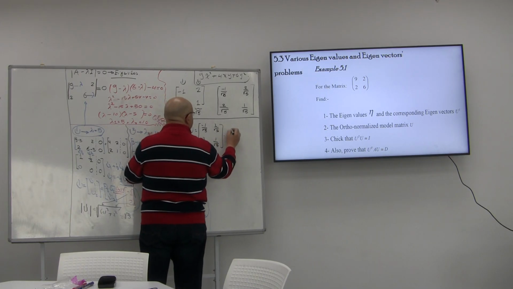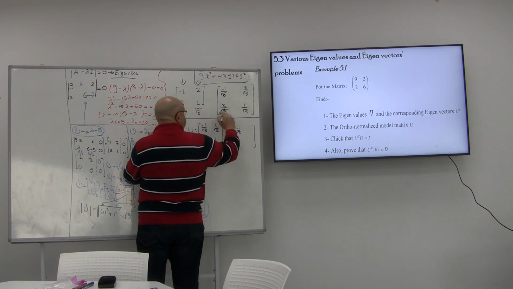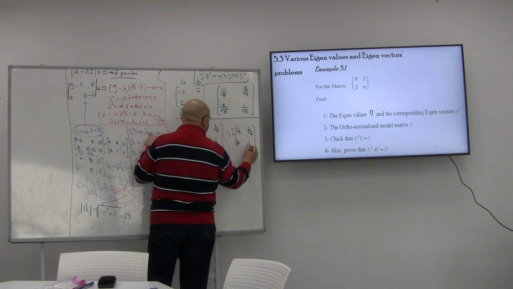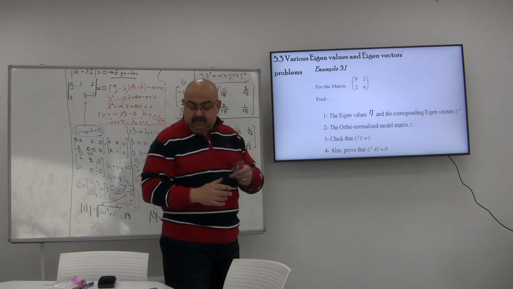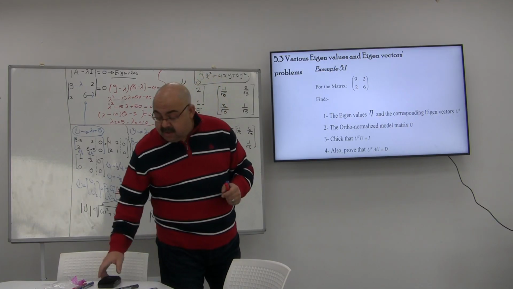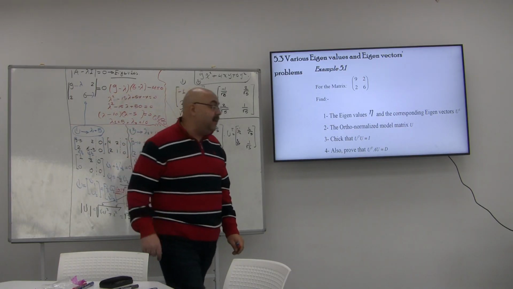If I get the transpose of this matrix, it's going to be -1 over root 5, I will move this guy here, so it's going to be 2 over root 5, 2 over root 5, and 1 over root 5. If you multiply these two matrices by each other, you will get a unit matrix. And if you multiply them sandwiching A in between them, you will get a diagonal matrix.